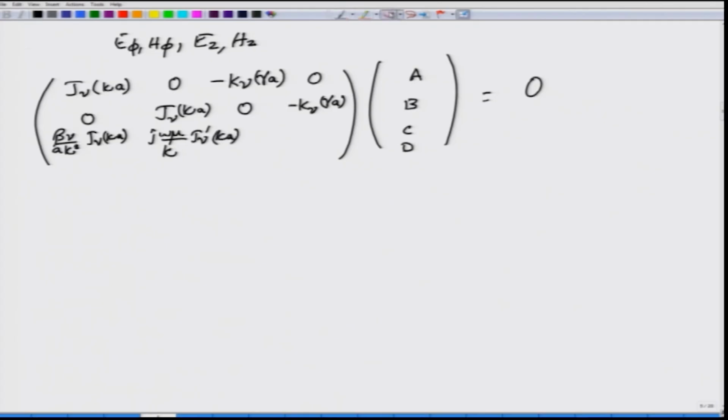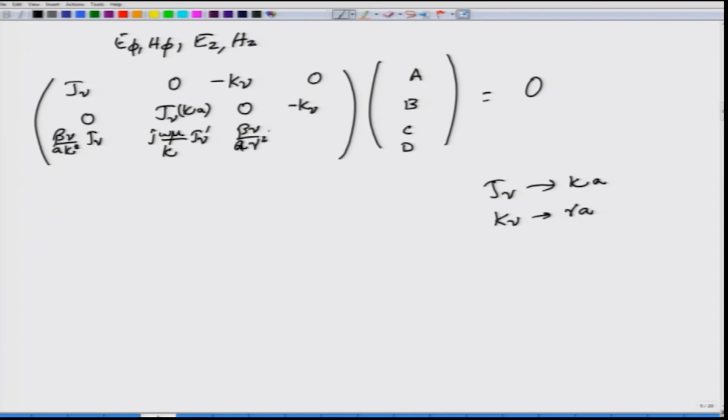Let me also simplify these equations by removing the argument kappa a from everywhere. It is understood that the argument is either kappa a or gamma a, depending on the Bessel function. J functions would always be associated with an argument of kappa a, and K functions would be associated with an argument of gamma a. So, with that, this is the final equation, where you are going to get J nu by K nu prime.